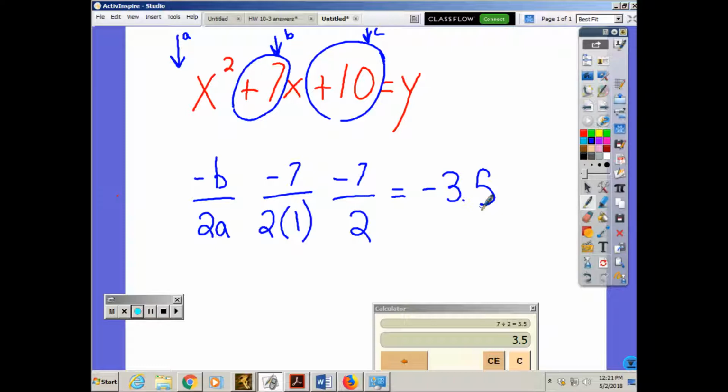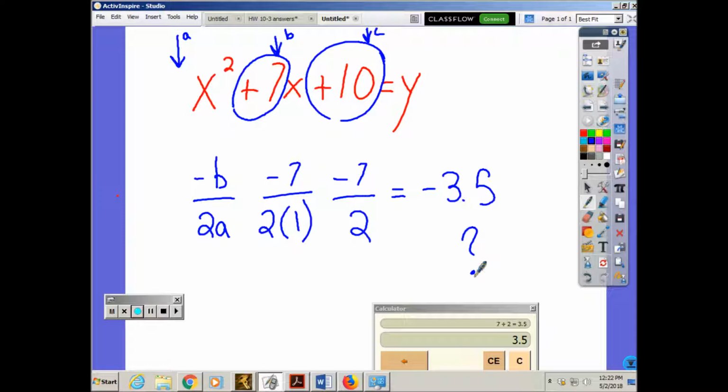So now I want you to type into Edpuzzle. You're actually going to have to write a few sentences as to what it is you did wrong. Whether it was, I didn't understand the B and the A thing, I didn't do the negative, I didn't multiply by 2, I had no clue what to do. I want you to type in some type of reflection as to what it is you needed to do.